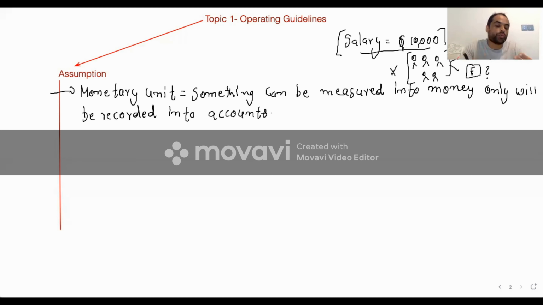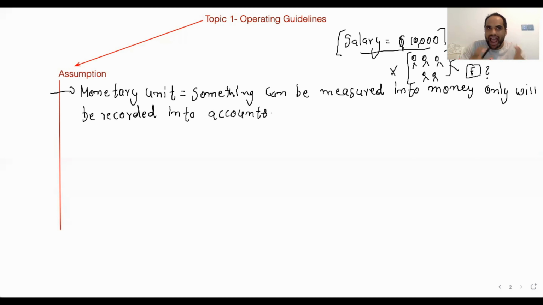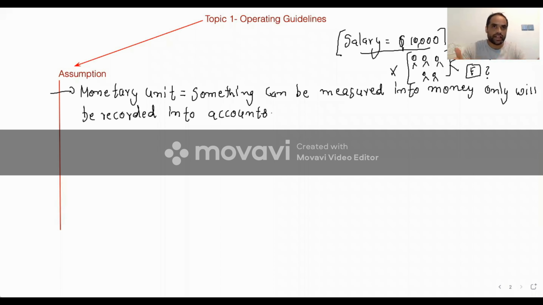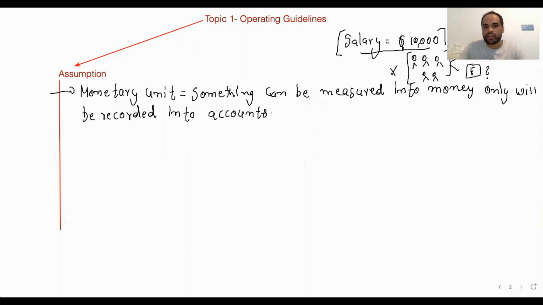Whatever company do, that do means that action is an economic action, economic events. For example, you go out in the evening, for example, you go for a walk. You go for a walk, and on the way, you go to park, you're feeling thirsty.